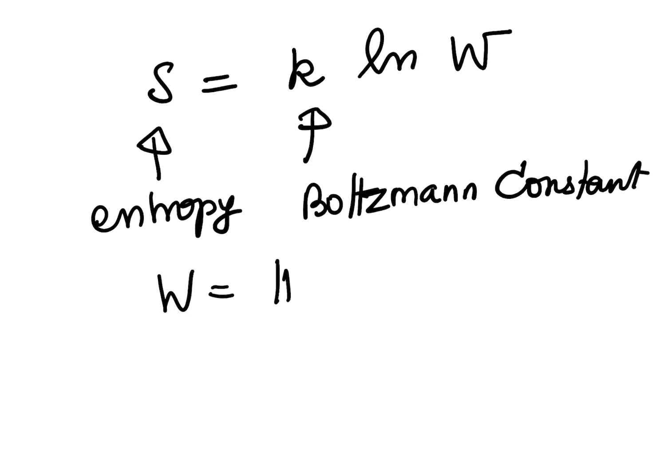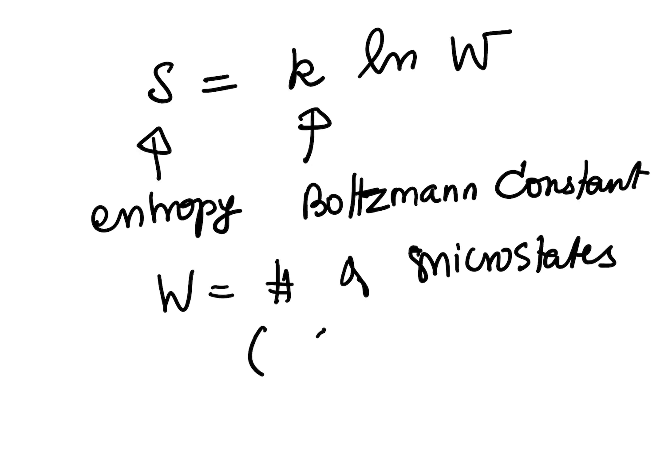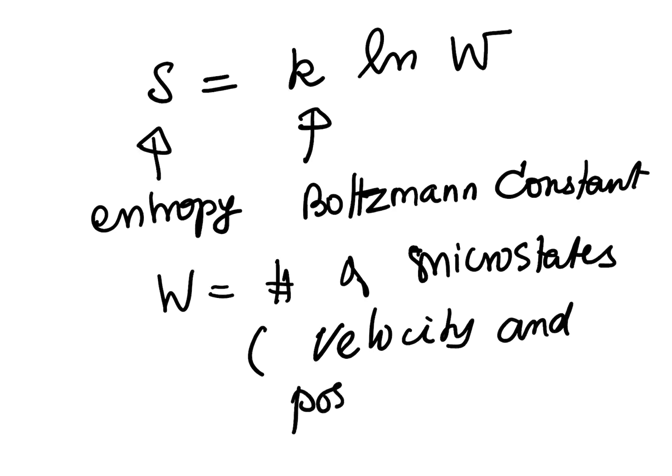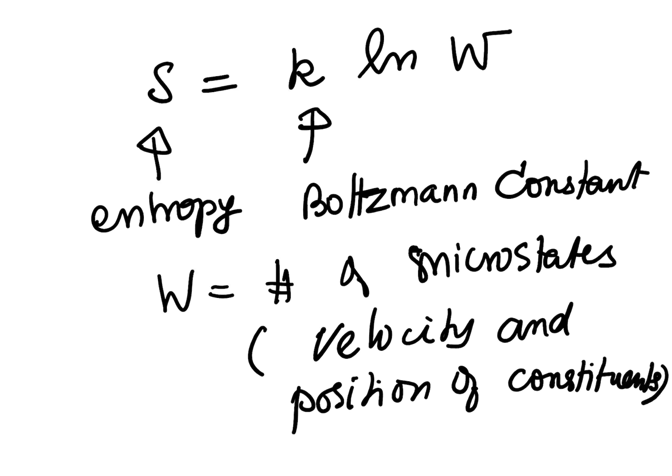And W is the number of microstates, which are defined by the position and velocity of the constituents.